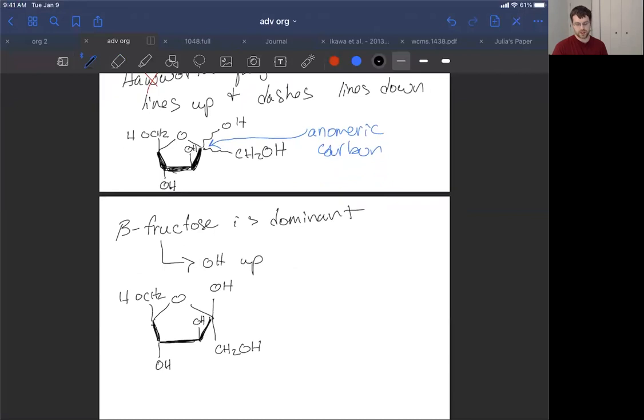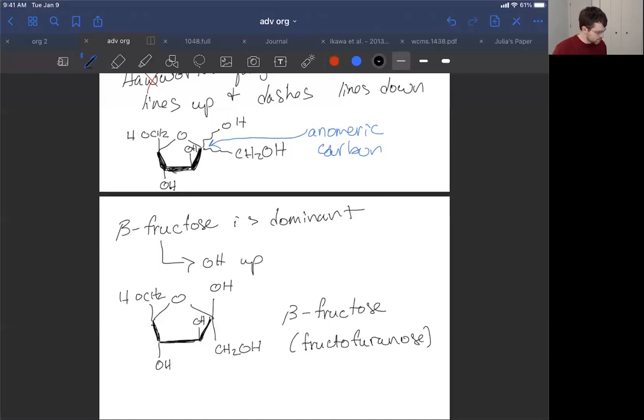This is all because we have a keto form. And again, this is beta fructose, and this is a fructofuranose. It's a furanose because it's a sugar with the -ose suffix, with a 5-membered ring, which comes from furan, that 5-membered aromatic ring.